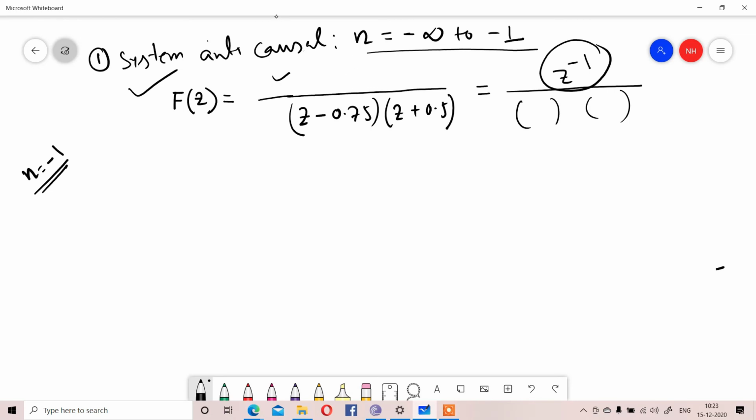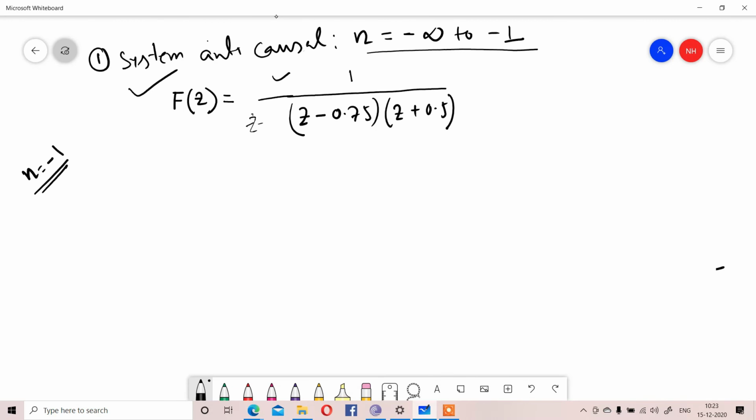for n equal to minus 1. So what is happening? For n equal to minus 1, instead of 2 poles, you are getting 3 poles.